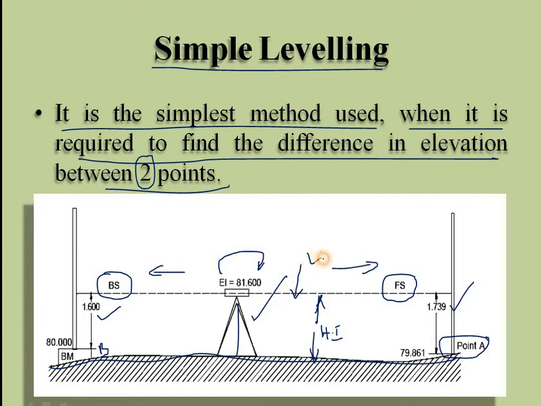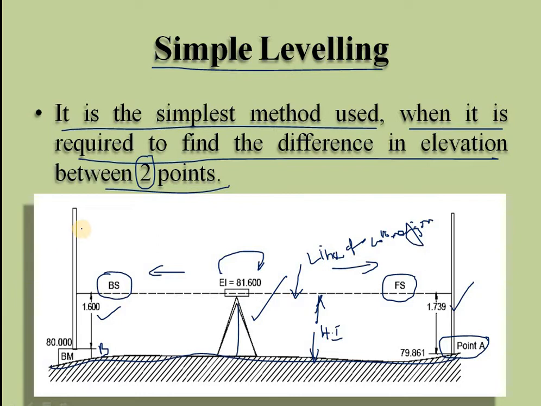This is known as the line of collimation, which is also known as the line of sight, exactly at the center of the axis of the instrument.